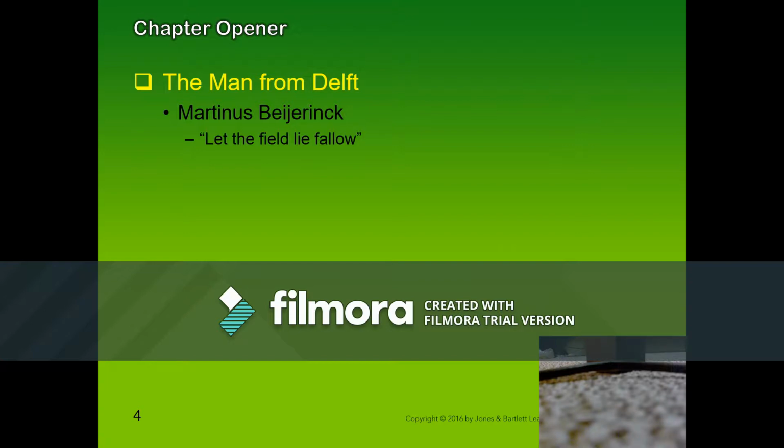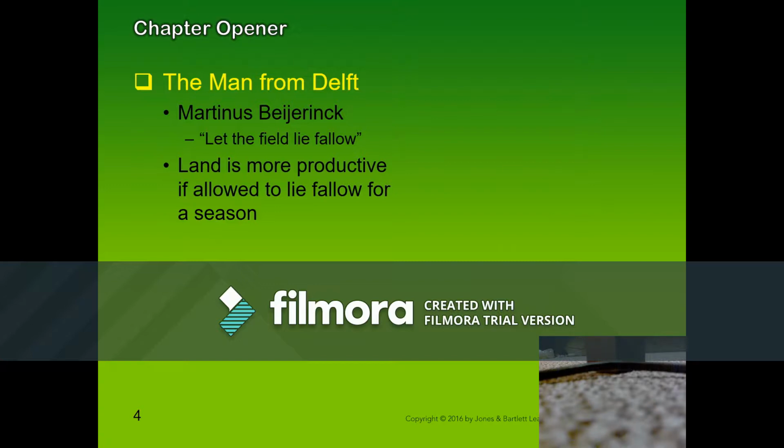Okay, and there are certain plants that are going to do that even more, as we'll detail in a minute. Like I said, not planting on a field for a season or two is going to allow for more productive soil to be there.